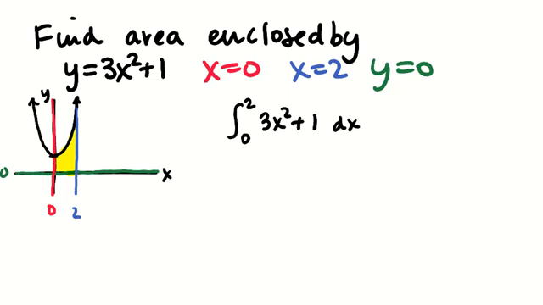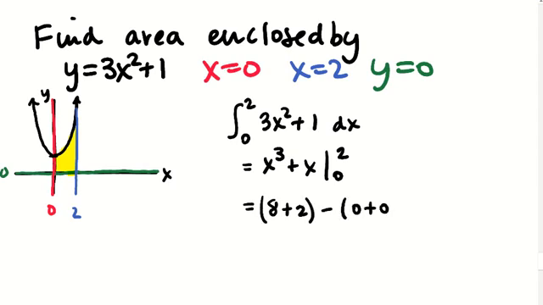What would be an antiderivative for 3x squared? x cubed. And then what about 1? Yeah, for some reason that gave them a lot of problems last year, the antiderivative of 1. They would try to say it was 0. And then we're going to plug in 0, and we're going to plug in 2. So that's going to equal 2 to the third is 8 plus 2 minus 0 plus 0. So that's going to be 10. That's a problem we can do.